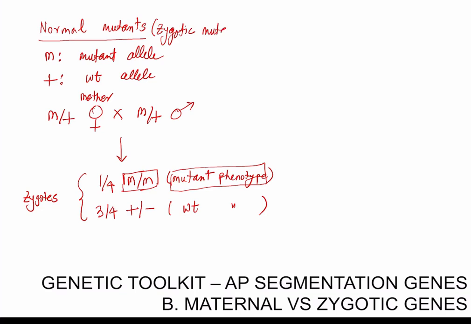Mutants, since the zygote shows both the mutant genotype as well as the mutant phenotype. Now, there is another class of mutants in development which are known as maternal mutants.